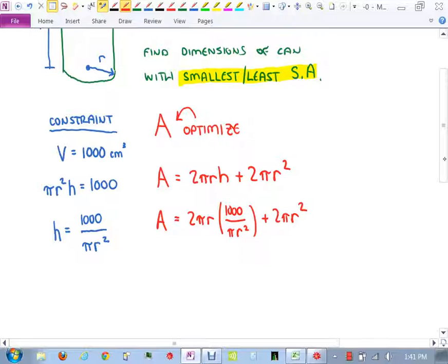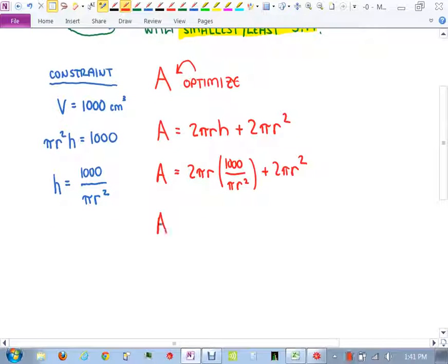Anything good happen there? I do get a pi to cancel here, and one of the r's, right? And so I have 2,000 over r plus 2 pi r squared.